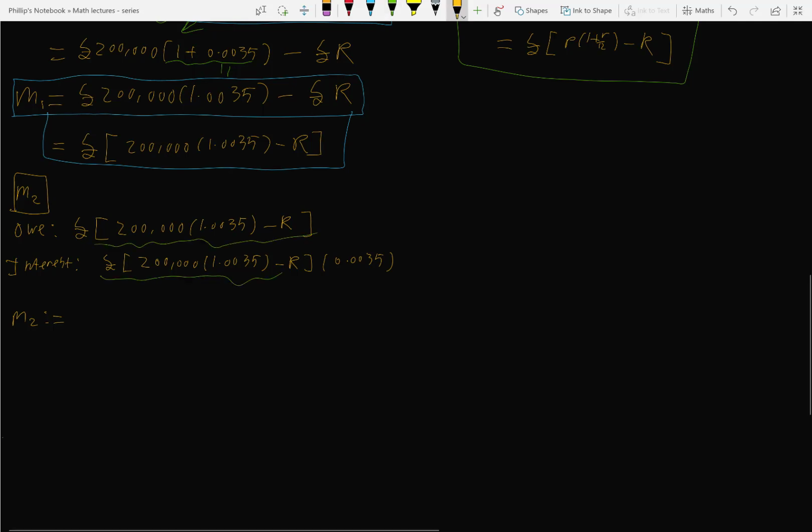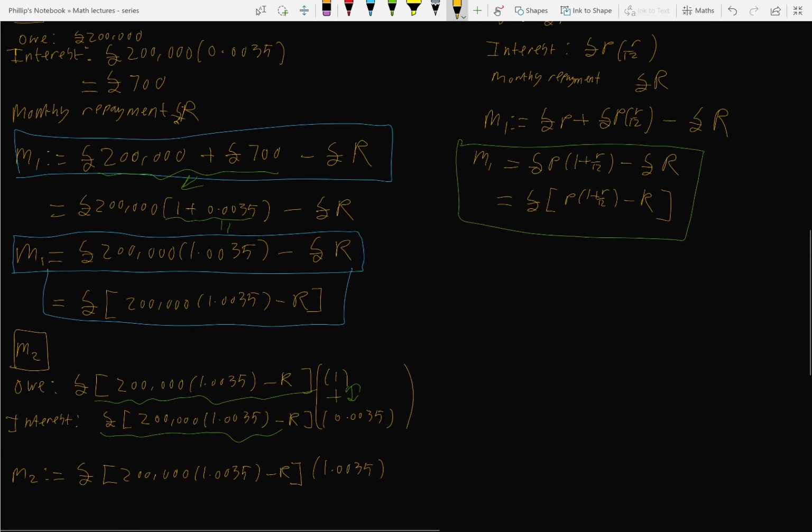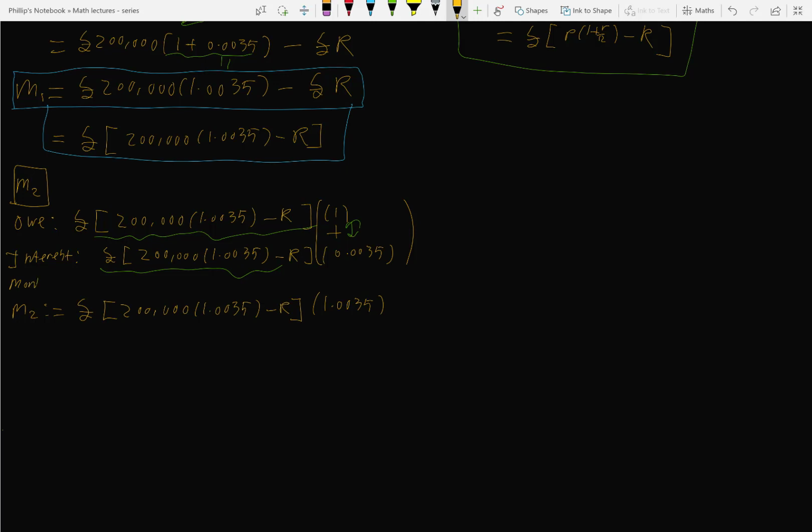So again we've got £200,000 times by 1.0035 minus R, multiplied by the common term: 1 plus 1.0035 again, and then again we need to minus the monthly repayment R, so we're still taking off the same fixed monthly repayment of R pounds.